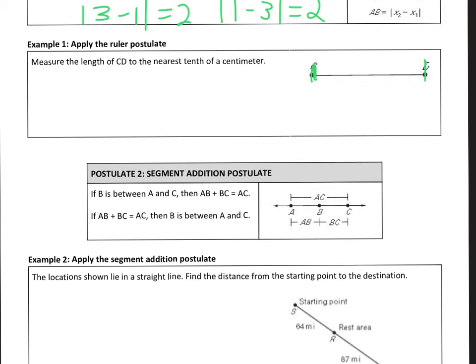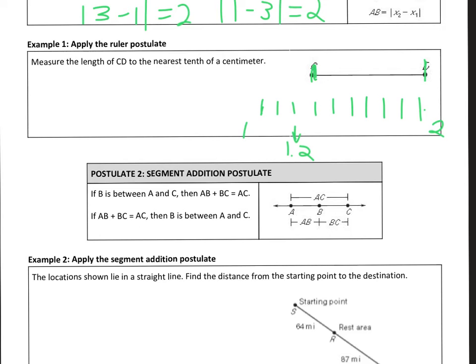So on the rulers I give you, those tick marks go like this, and there's 10, 6, 7, 8, 9, 10. If you're going between 1 and 2, this tick mark would be 1.2. So that's how you count a ruler.